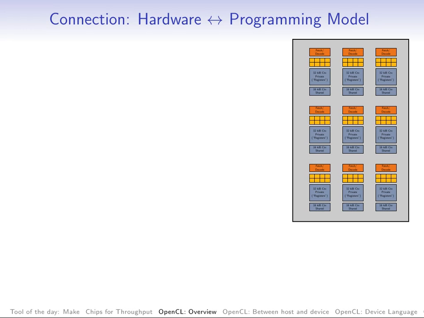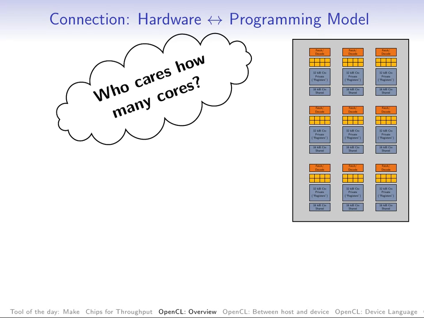Right. That's one good reason. Everybody's doing mostly the same. And the other good reason is that it's also tremendously variable information. If you look at the slide there, one of these things comes out from each manufacturer about once every 1.5 years. So by the time you're done writing code for one chip, another comes out where that number has changed. So it doesn't make sense to bake that information into the programming model. And really, who cares?